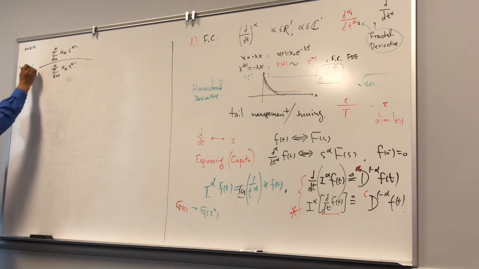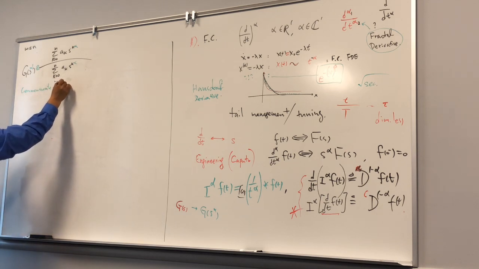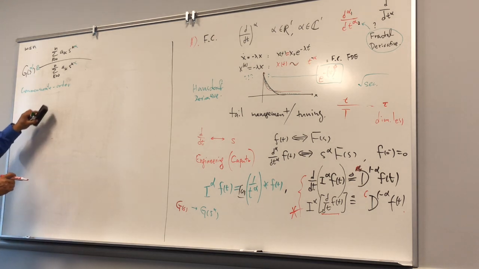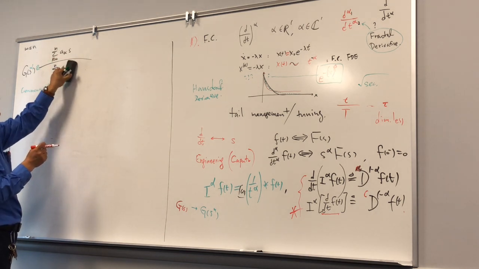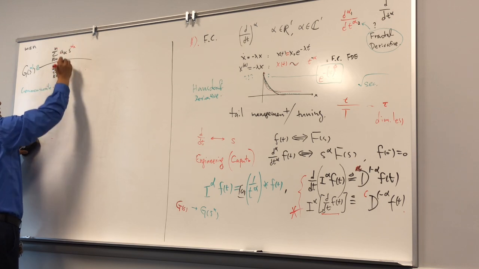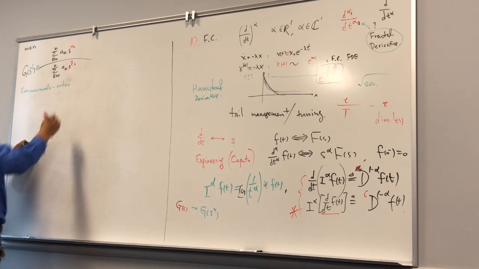So this one is called commensurate order. You have a single base order, s to the power of alpha, right? But it is interesting that it's possible I can say s to the power of alpha sub k, s to the power of beta sub k.